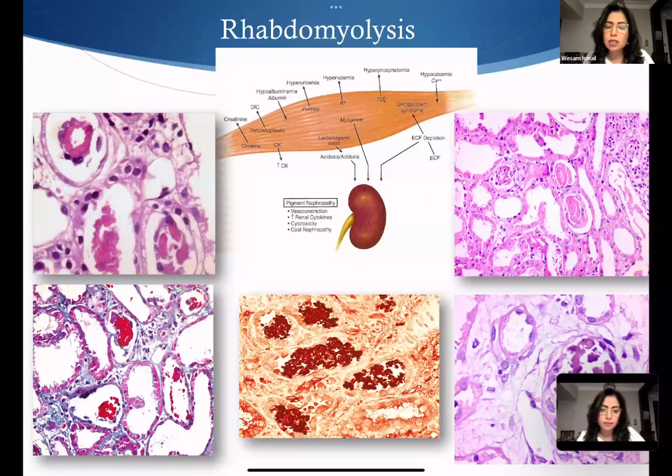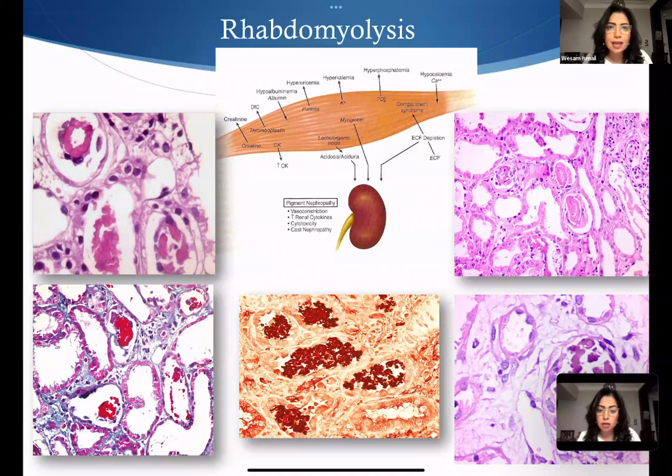The main differential diagnosis is rhabdomyolysis. Yes, the casts of rhabdomyolysis can mimic light chains, and more importantly, light chains can mimic rhabdomyolysis. They can also mimic myoglobin casts, and sometimes they are indistinguishable. In rhabdomyolysis, when you have these pigment casts, these nice globular casts, which are also surrounded by a cellular reaction, they can take red on trichrome.